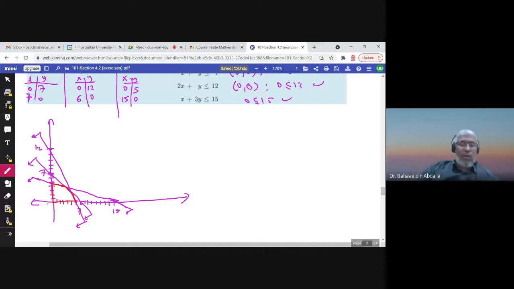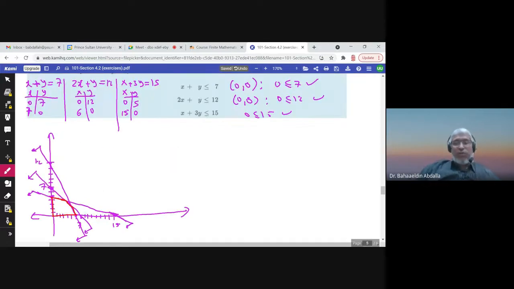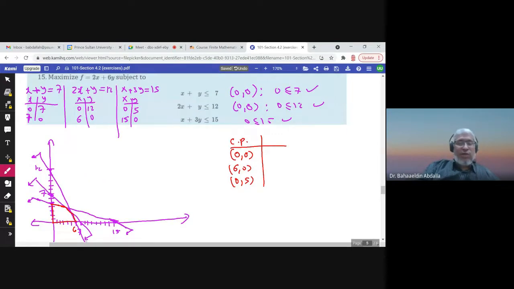Okay. Now, what are the corner points? Corner points. (0, 0) is there. This point is (6, 0), and this point is (0, 5). And now let me write the equations of the lines.